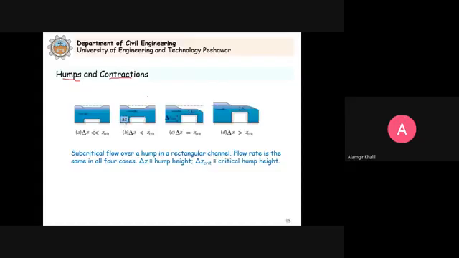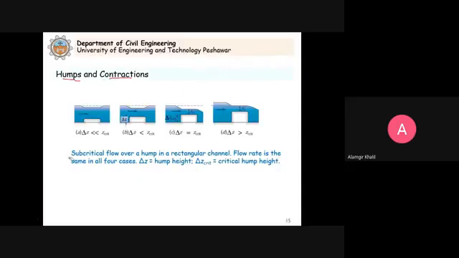We already discussed some of the applications of the specific energy. If you remember, we considered when we have a fall in the channel bed, when we have a rise in the channel bed, and the flow is subcritical or supercritical. Let us continue with that discussion here.